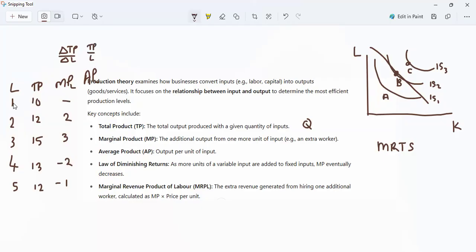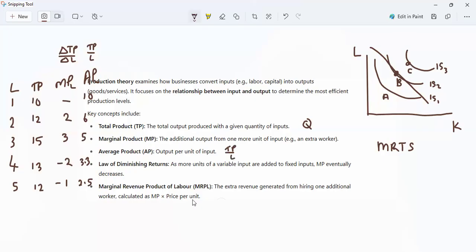So 10 divided by 1 is 10. 12 divided by 2 is 6. 15 divided by 3 is 5. 13 divided by 4 is 3.3. 12 divided by 5 is 2.5. So the total product of labor divided by the labor unit is what makes our average product of labor. So average product of labor is the output per unit input. So it's given by total product of labor over the labor units.